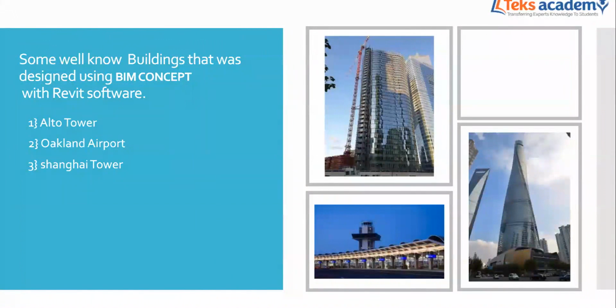Some well-known constructions were built using this BIM concept. The very first thing you can see in the image, the first tower is Alto Tower, built in 2020 by Bogies. The building height of Alto Tower is 160 meters, around 520 feet.